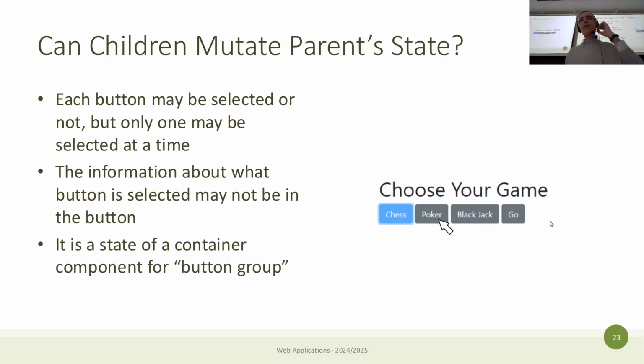And they are mutually exclusive. So like the radio buttons. If you click one button, you want all the others to be unselected. If you click another, you deselect the first one and you select the other one. Radio buttons. Okay? So in this case, where do I put the state?